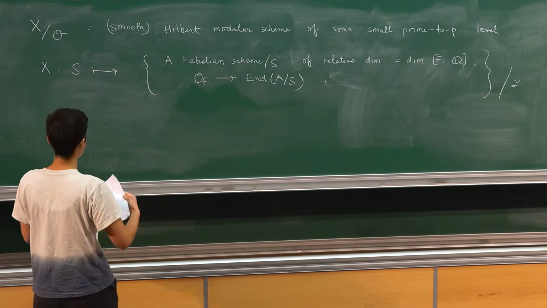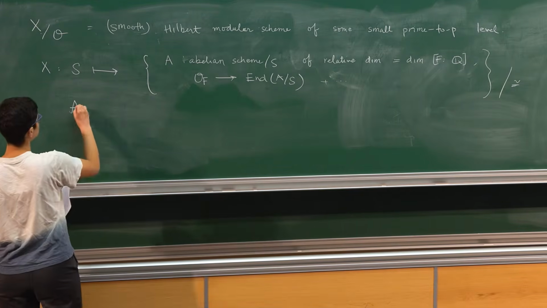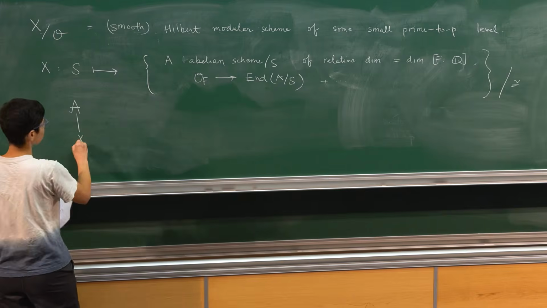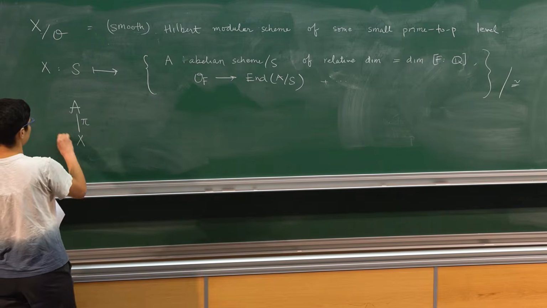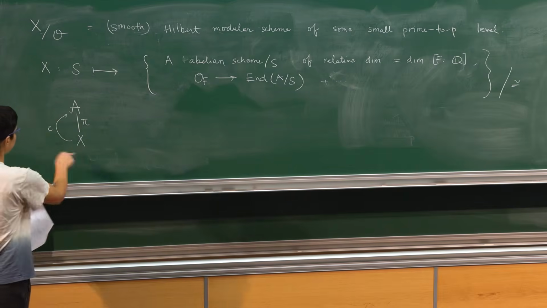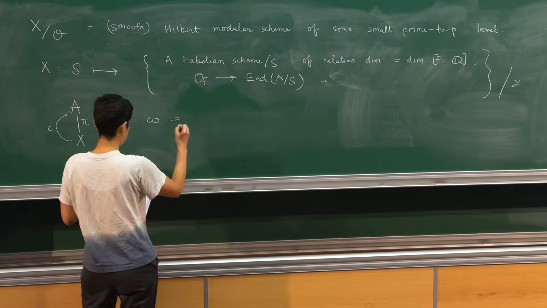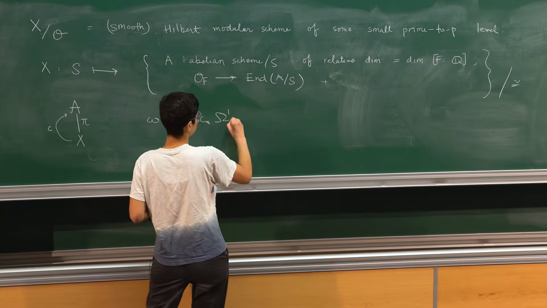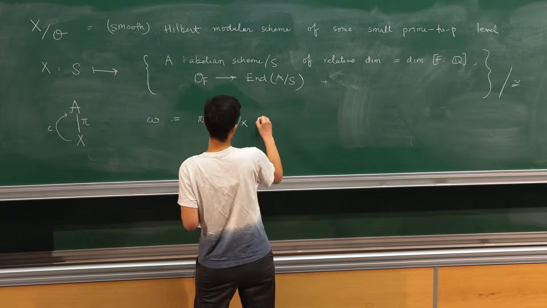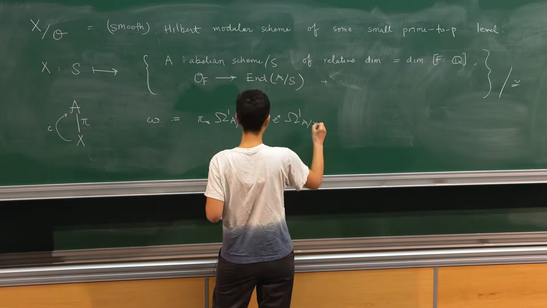And because there's this abelian scheme living over X, which is, well, again, not literally true, but almost true, the universal abelian scheme, and in the identity section, you can define a sheaf omega as the pushforward of the sheaf of differentials of A over X, which is the same as the pullback along the identity section of this sheaf.